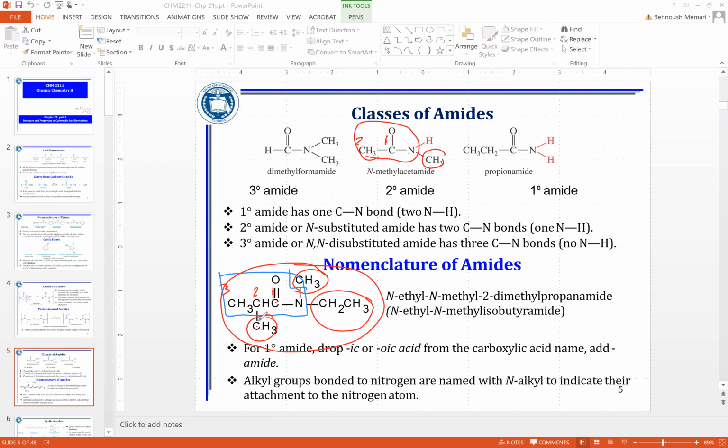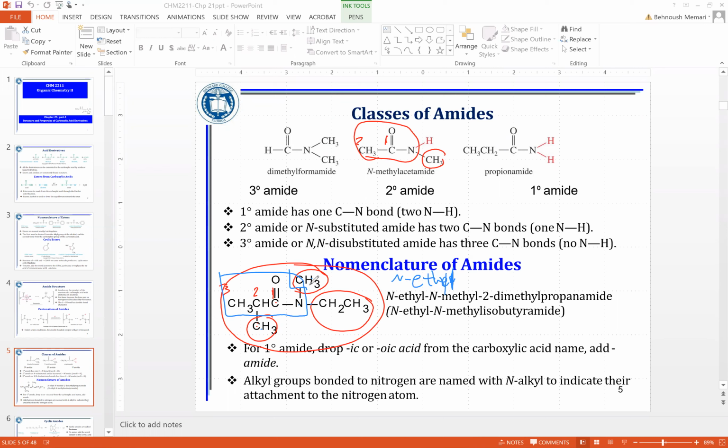One is on N and the other one is on carbon 2. And we do have an ethyl group on the nitrogen also. So when we name it, we are going to say N-ethyl, alphabetic order, N-ethyl.